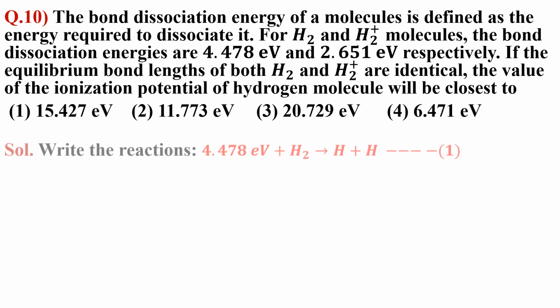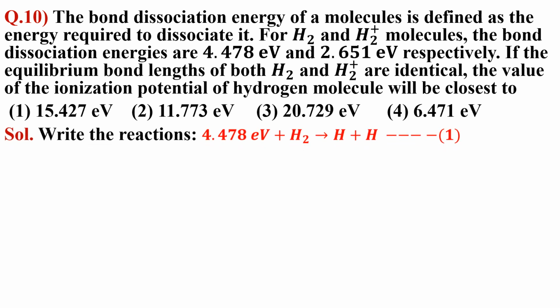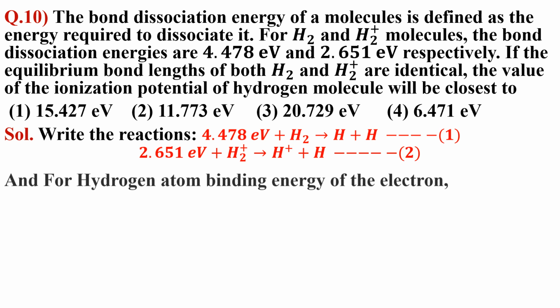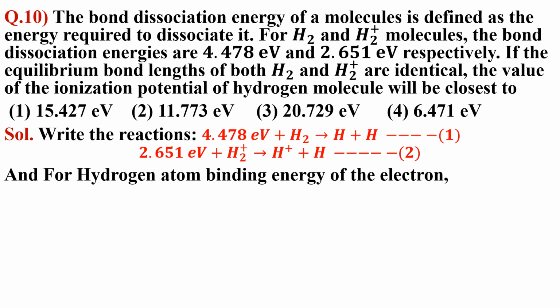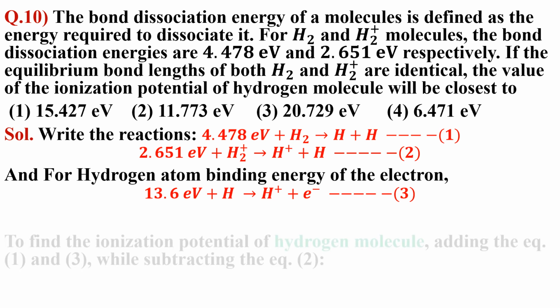Solution. Write the reactions. Reaction 1: 4.478 electron volt plus H2 gives H plus H. Reaction 2: 2.651 electron volt plus H2+ gives H+ plus H. And for the hydrogen atom, the binding energy of the electron is 13.6 electron volt: H plus 13.6 electron volt gives H+ plus electron.